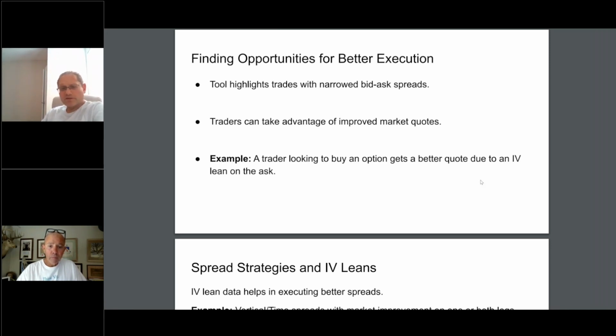when we talked about better executions, and I think maybe I already covered this, one is you're going to perhaps get a narrower bid-ask spread. If you get a narrower bid-ask spread, then of course you have a better opportunity to get a better execution, because the wider the spread is, the harder it might be to get an execution closer to maybe a fair value or midpoint.